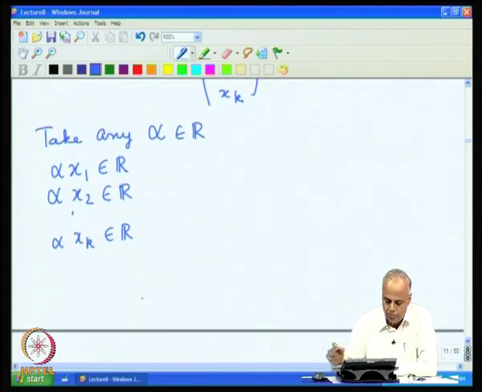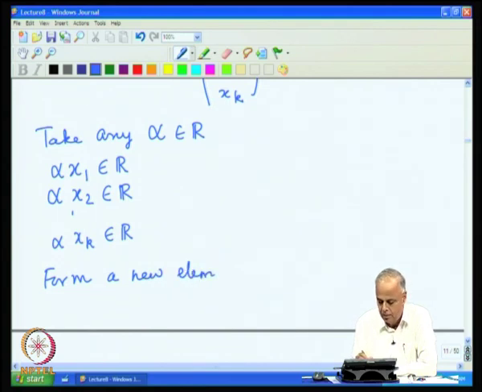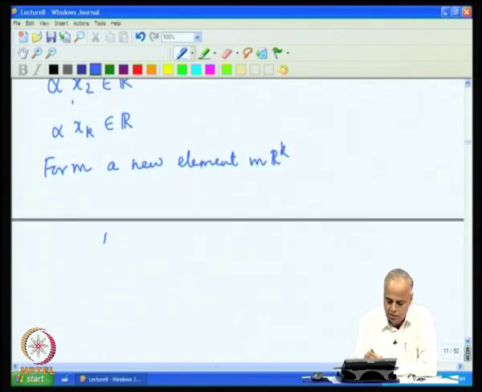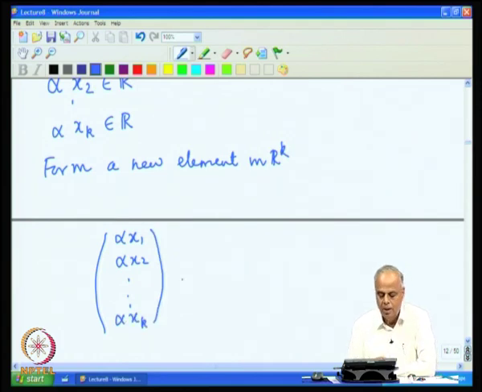We now form a new element in RK as follows. Take the first entry as alpha x1, second entry as alpha x2 and the kth entry as alpha xk. Since each one of these entries is a real number, this is in RK.